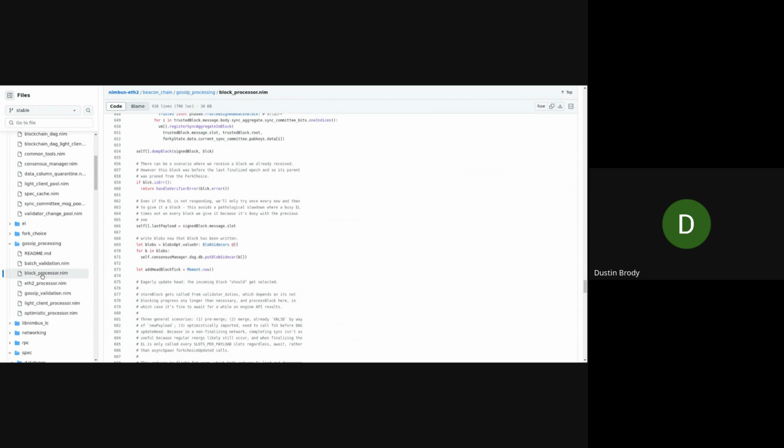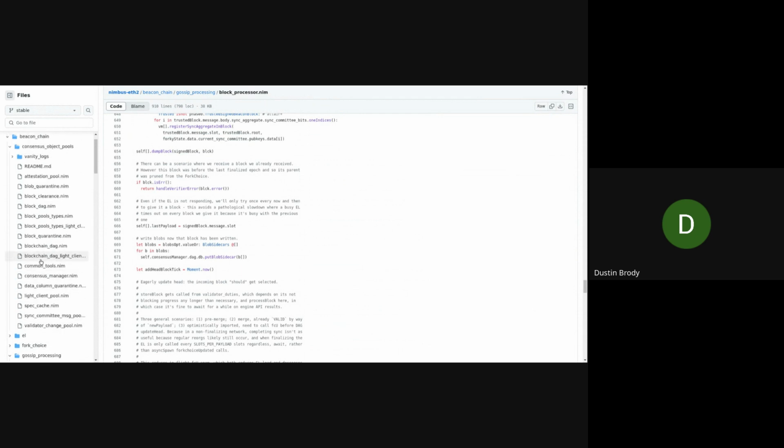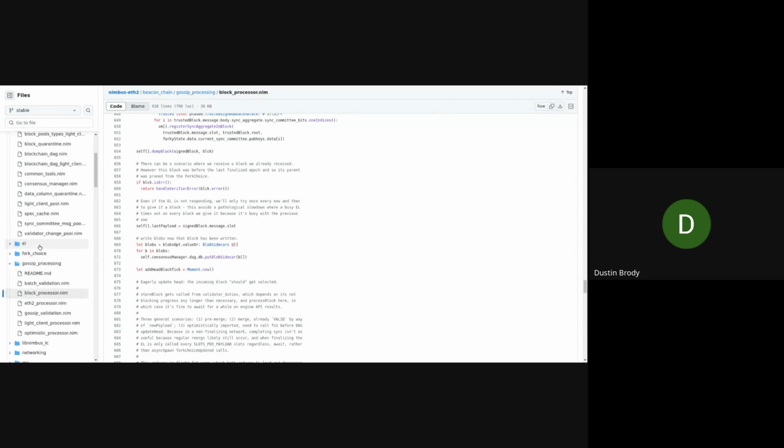Then it goes to the block processor and it becomes trusted. And then on the other side of that, you have the consensus object pools, you have the spec, you have fork choice.